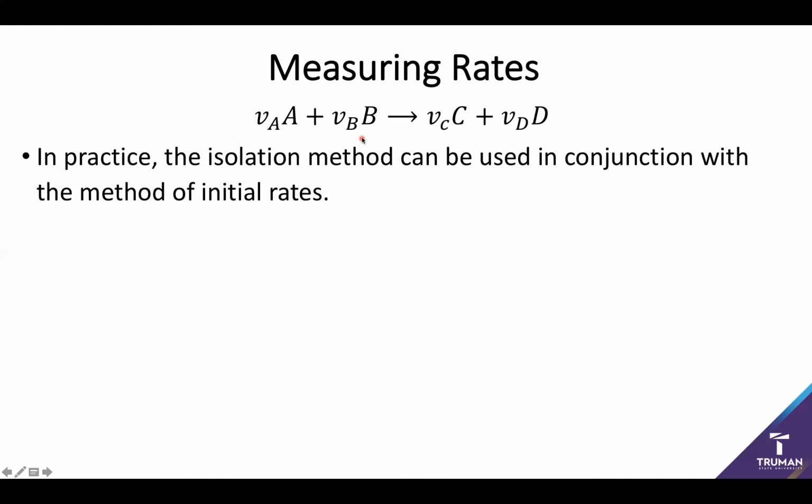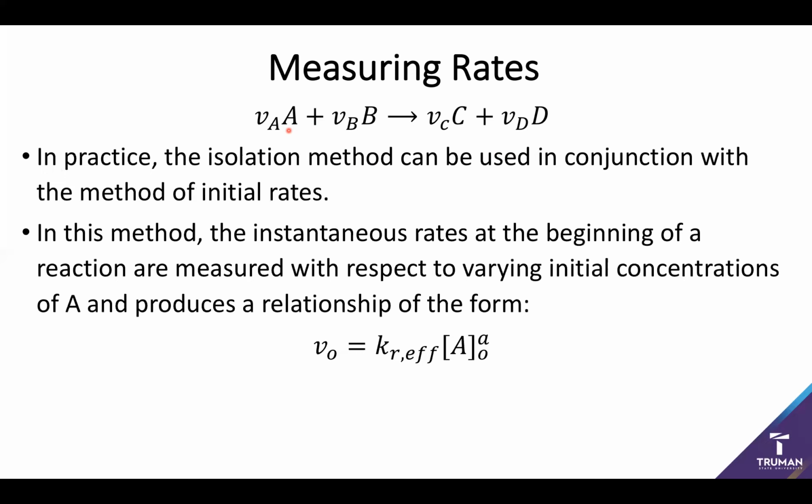So I'm going to superload it with B and then focus just on the order of A. And what we're going to be doing is we're going to assume that at the very beginning of the reaction, my concentration of A won't have had too much time to change. So the initial rate of the reaction is going to be related to the initial concentration of A present in solution. And again, this will be related to an effective rate constant.